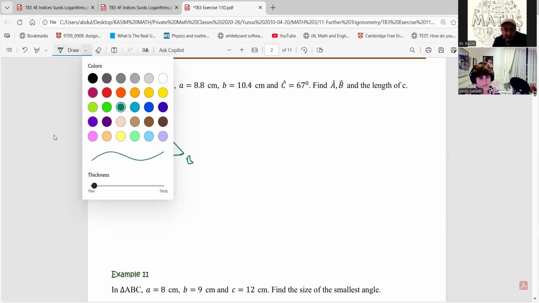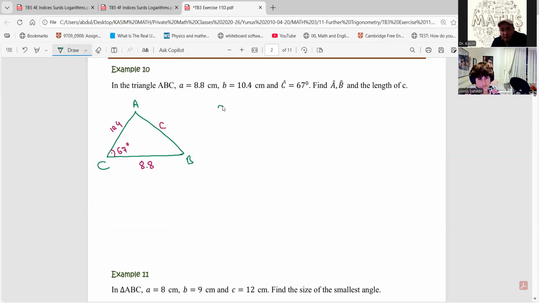Now, if you can remember first, can you tell me, Yunus, what is C squared? Let's just write the formula, then substitute. Remember the Pythagorean theorem. A squared plus B squared minus 2AB cosine of the included angle, which is angle C, right? And now let's plug it in.